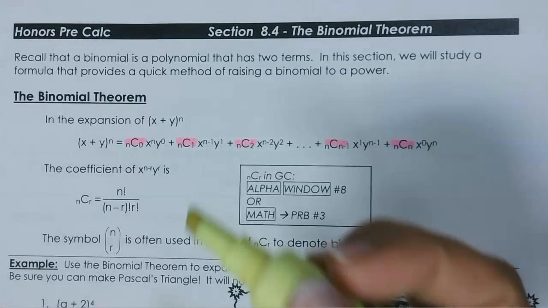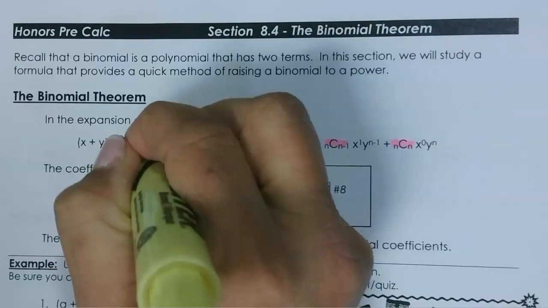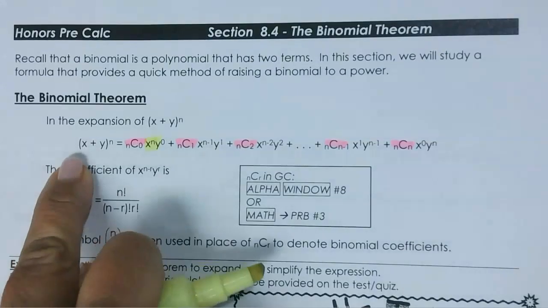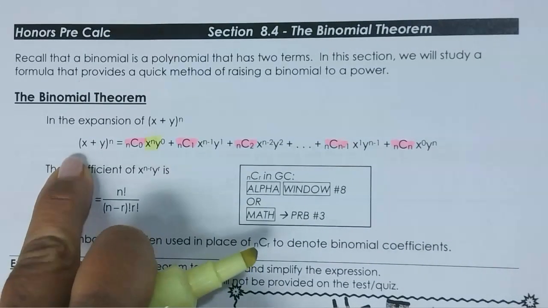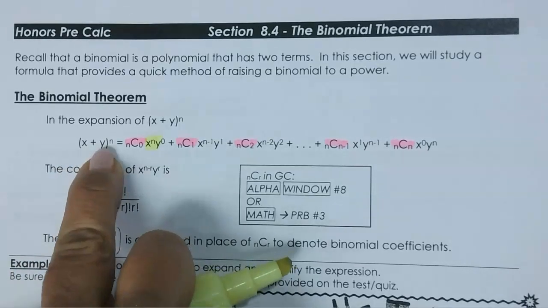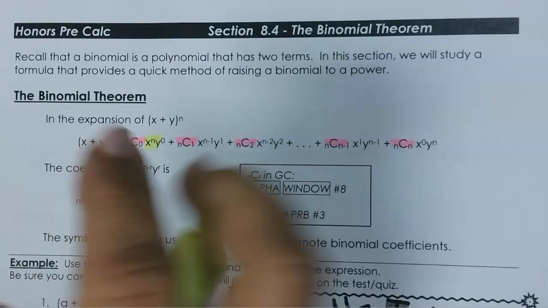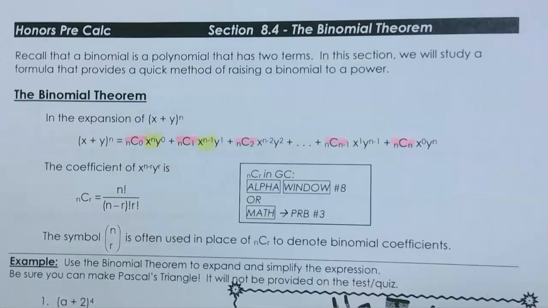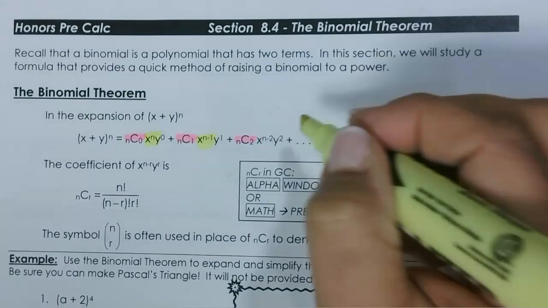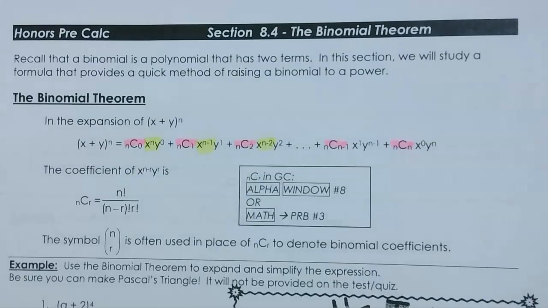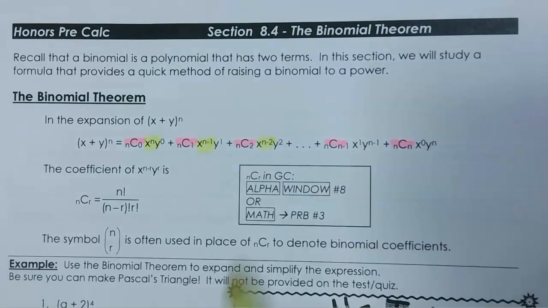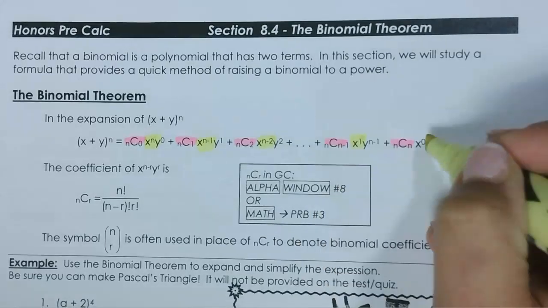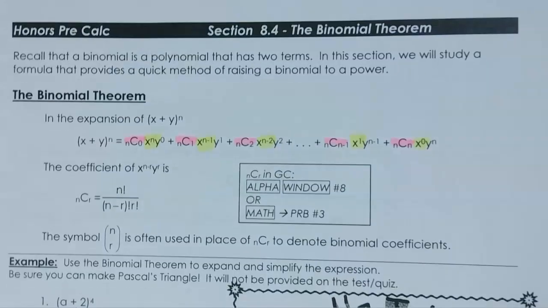The next part is we're going to start with the first term that is in the binomial, and we're going to raise that term to the nth power. And then we're going to decrease the exponent each time. So x to the n minus 1, x to the n minus 2, x to the n minus 3, etc. And then we're going to go all the way down to x to the first, x to the 0 power.